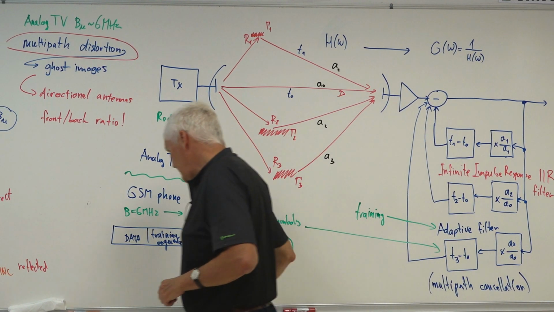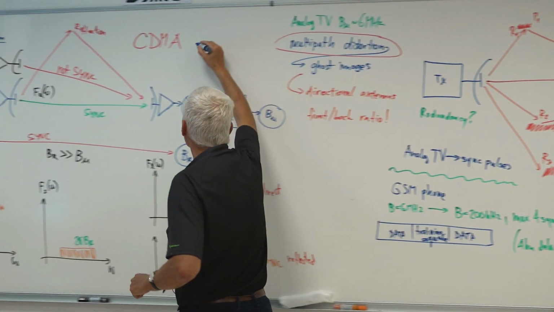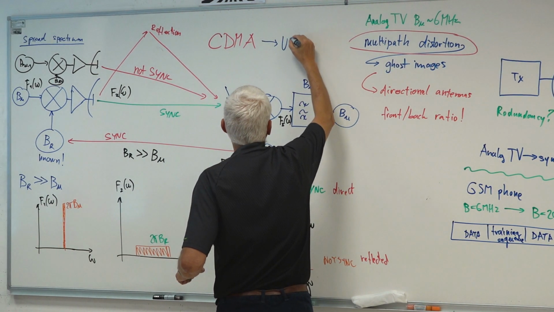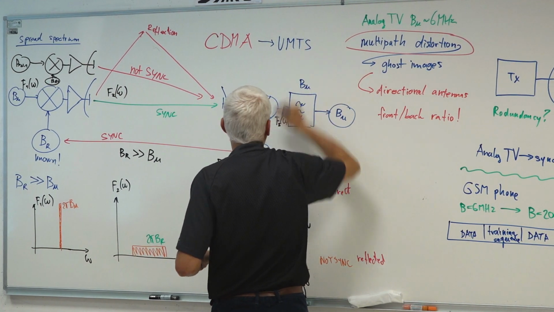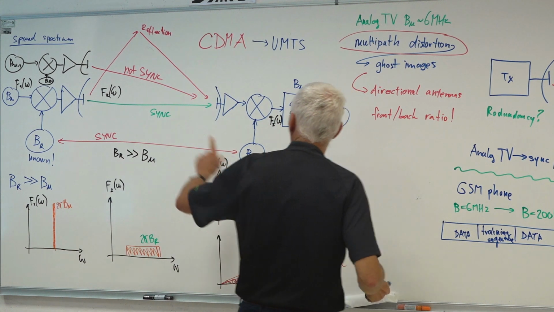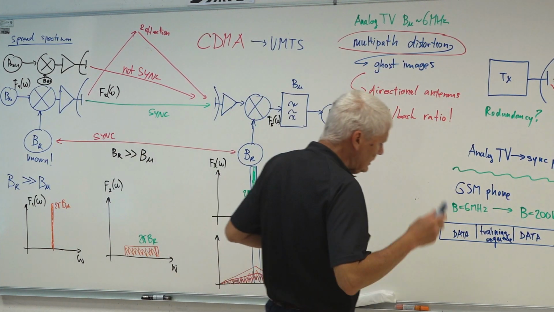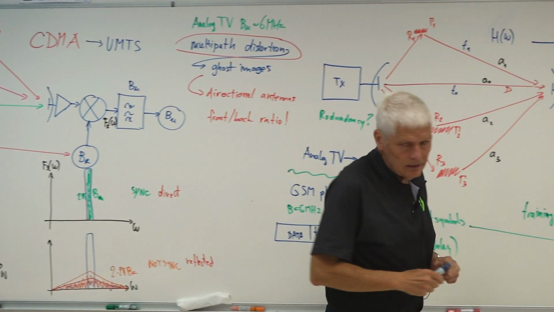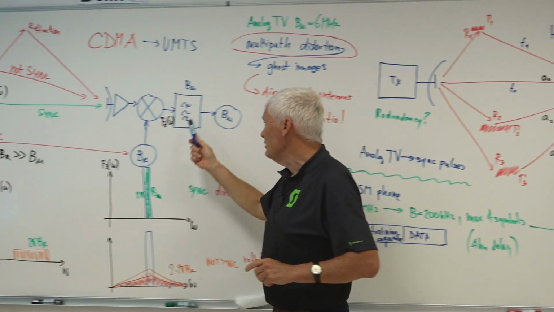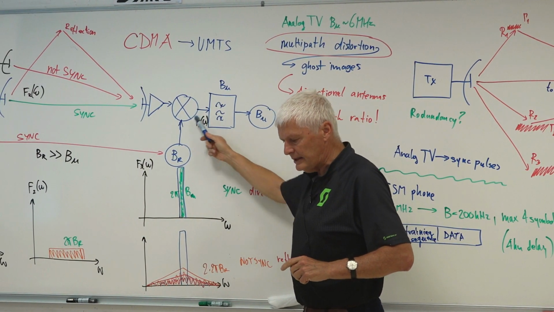So we had CDMA used in the past. It was used in the UMTS phone system. It could handle broadband signals. It could handle reflections. And in fact, every receiver was not just equipped with one processing chain.